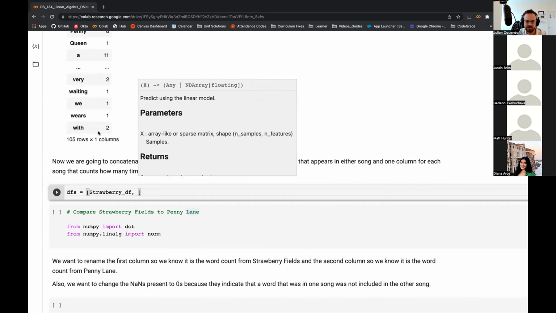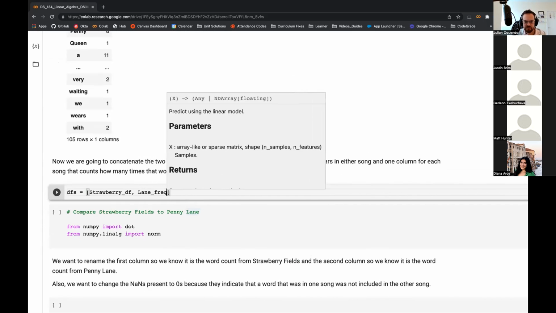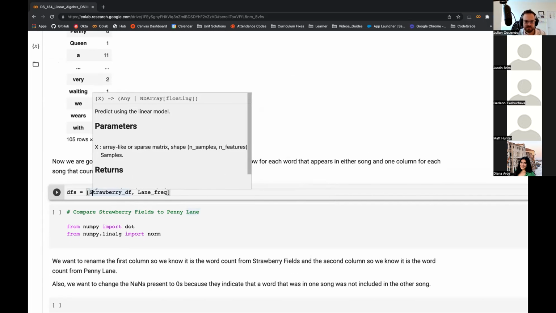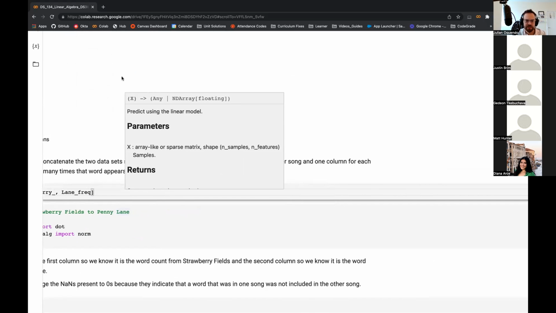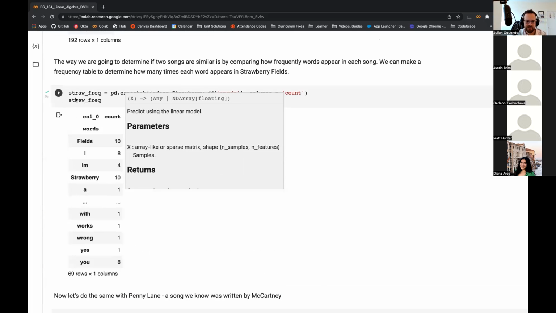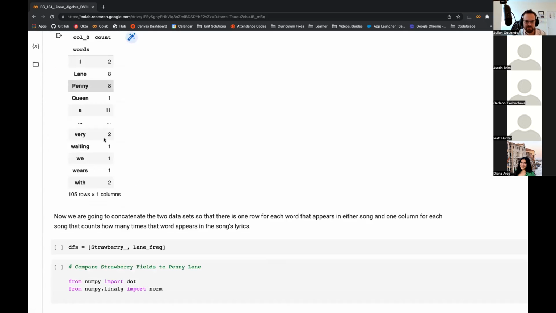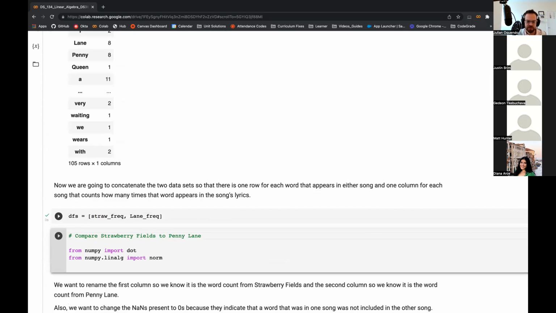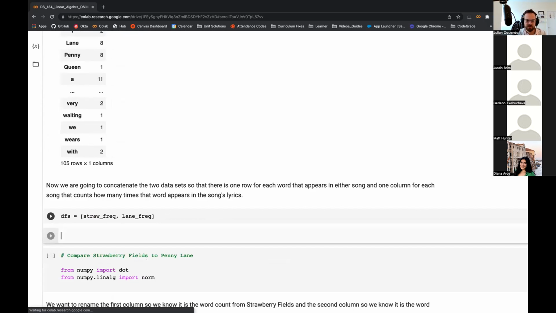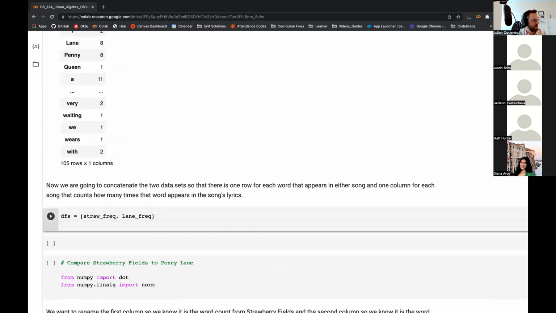Lane frequency. And Strawberry frequency. So I have my two data frames. I'm going to join together those two frequencies into a data set that I'm going to call all words.